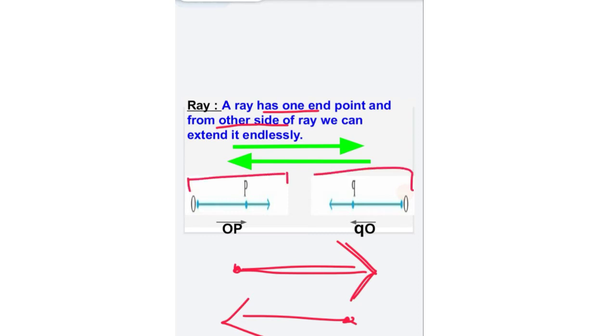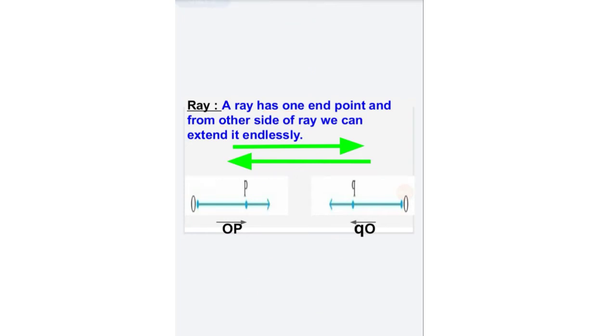We have OP, in which the arrow is on the side of P. So while representing its name, we put a dot on the side where we have the dot, which in this case is O, so we put the dot on the O side, and we have the arrow on the P side, so we put the arrow towards P. Now look at another ray in which we have O and Q. You can see here we have the arrow on the side of Q, so we put the arrow towards Q and the dot towards O. Okay, so you have to be very careful when you write the name of a line segment or ray.